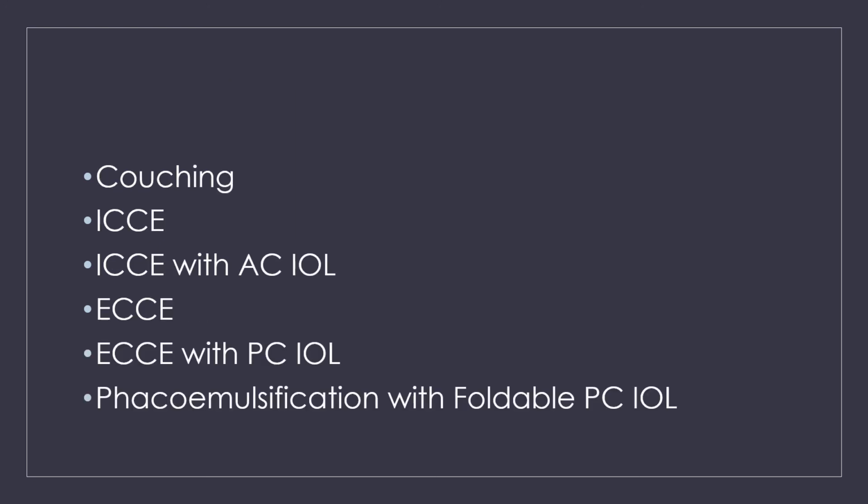What are the various types of cataract surgery? Starting from the ancient to the most modern. Number one is couching, in which the mature lens was pushed by a needle into the vitreous cavity.